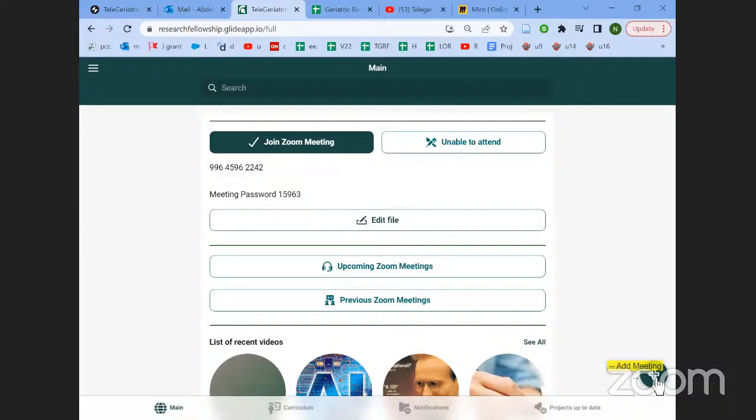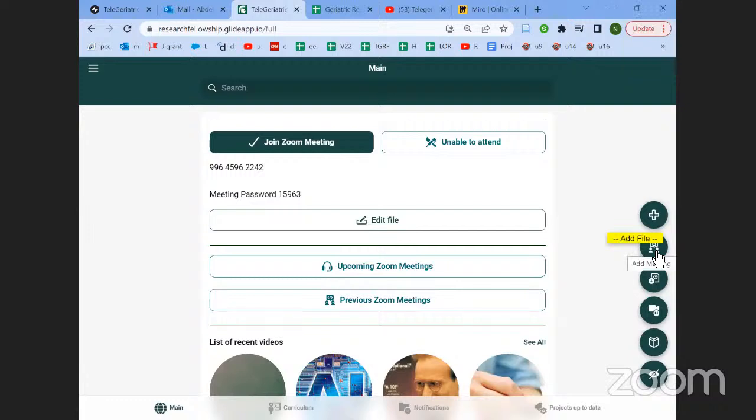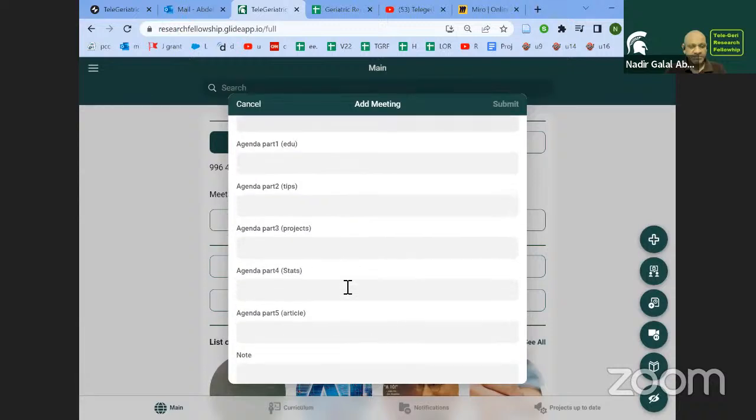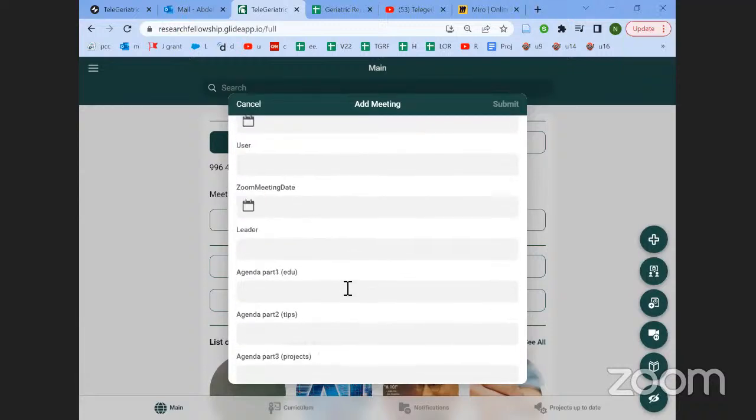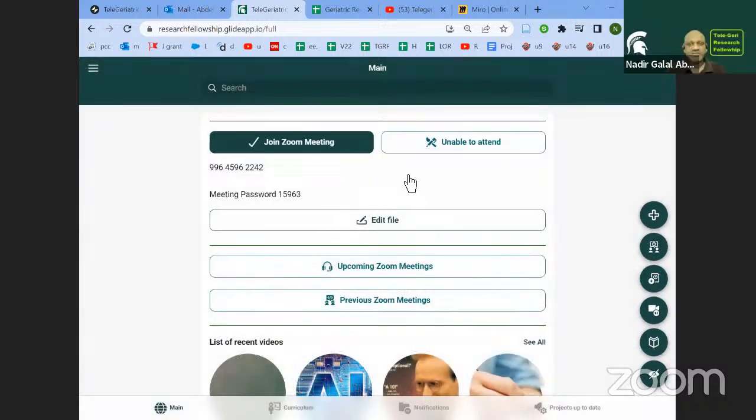You can click the plus, number 2, I think, add file. If you click that, it will update the information for you. If you want to add the file here somewhere, you can just upload it. If it's not working, send me an email and I'll fix it. Thank you.